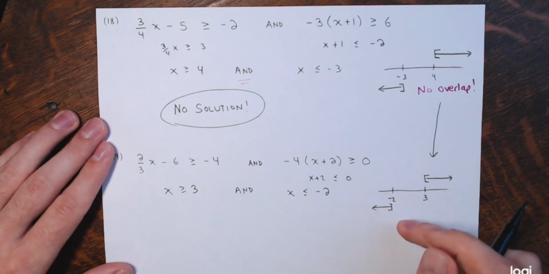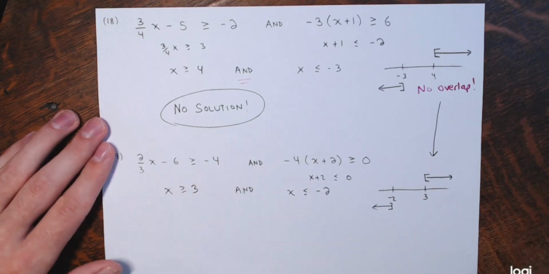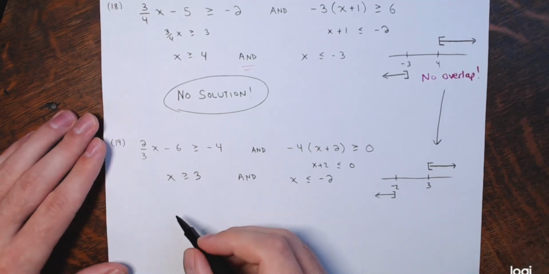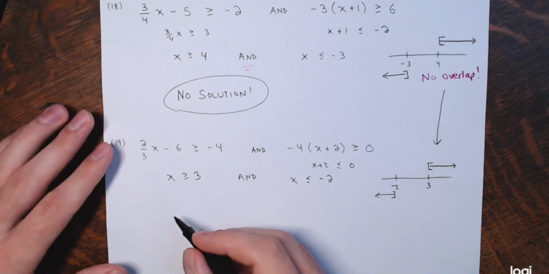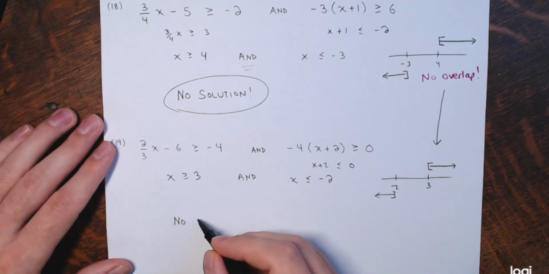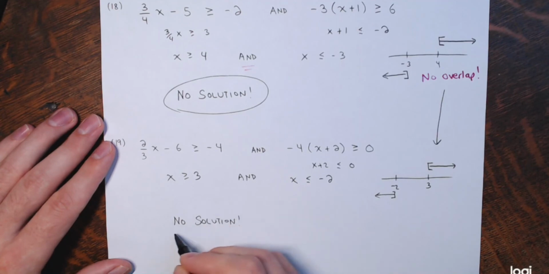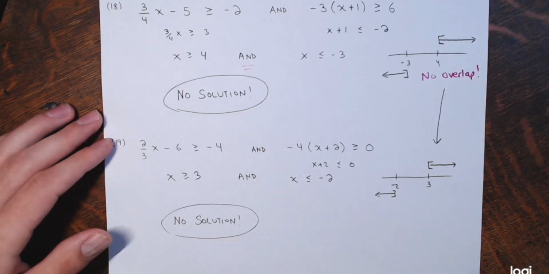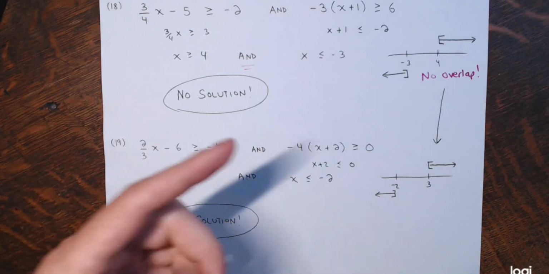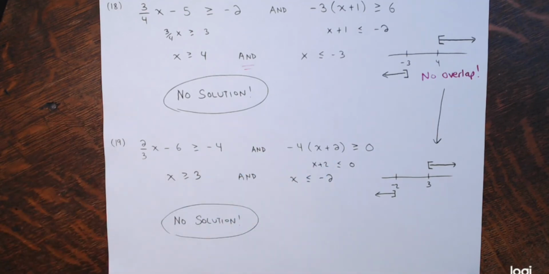There are no numbers that satisfy both inequalities. So as in examples 18 and 17, there is no solution to this compound inequality. No number you could replace x with to make both of these statements true, right? To make the compound inequality true.